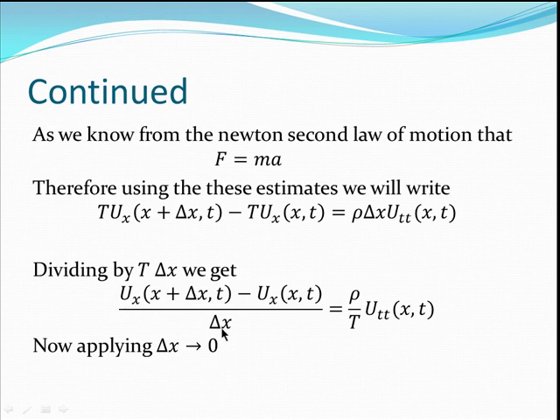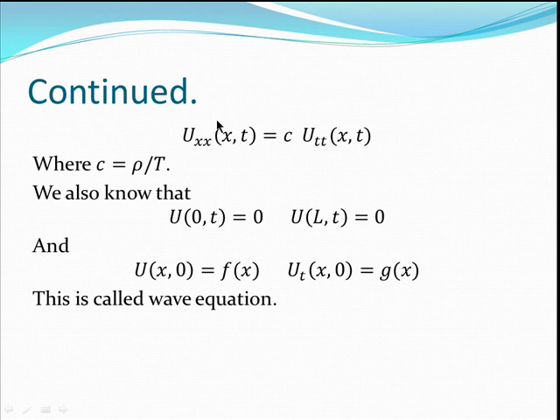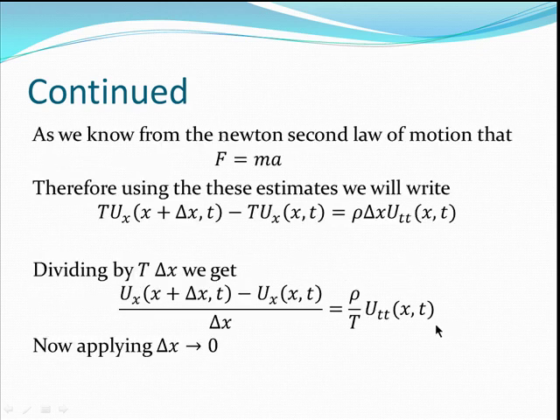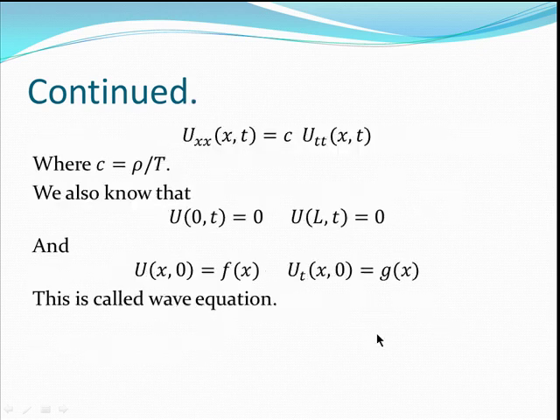Now if we let delta x approach 0, then this quantity becomes u_xx, the second derivative of u with respect to x, and this expression becomes u_xx of (x, t) equals c multiplied by u_tt of (x, t), where we have generalized c as a representative of rho over T.